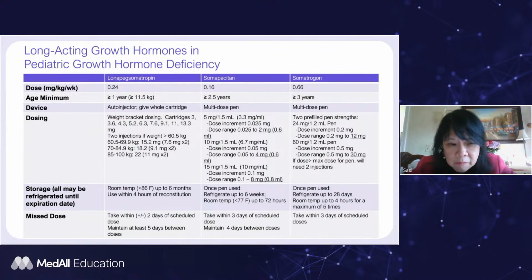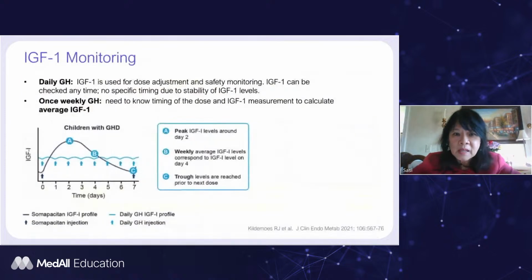And if you have a missed dose, they recommend giving within 2 days of the scheduled dose, and keep it at least 5 days apart between doses for lonapegsomatropin, or 4 days for somapacitan, or 3 days for somatrogon. So this is something that you have to look at, all the details of how to prescribe the long-acting growth hormone when using different types.